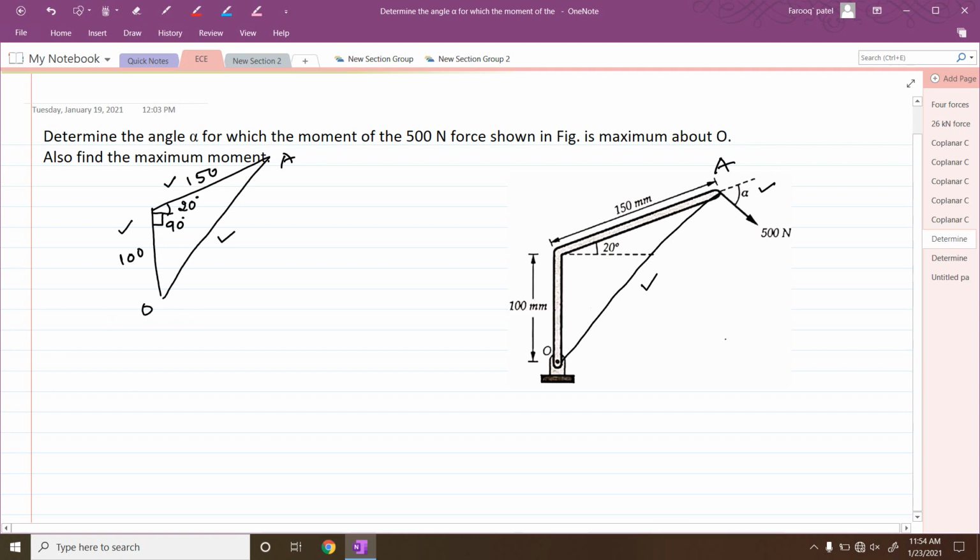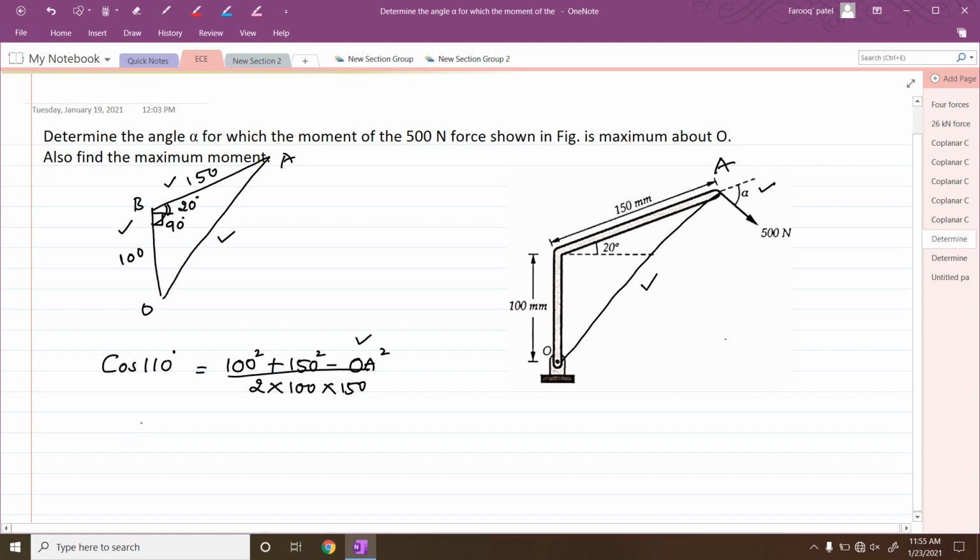We'll apply the cosine rule to this triangle O, B and A. So cos of this total angle, that is cos of 110 degrees, will be equal to OB square plus BA square, that is 100 square plus 150 square, minus OA square, divided by 2 into OB into BA, that is 2 multiplied by 100 multiplied by 150. Based on this we can calculate the value of OA.